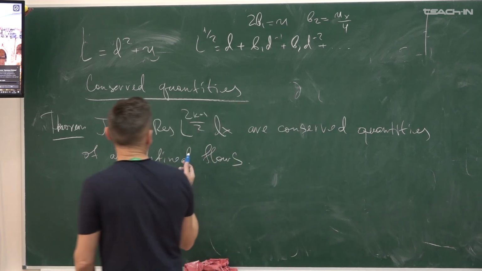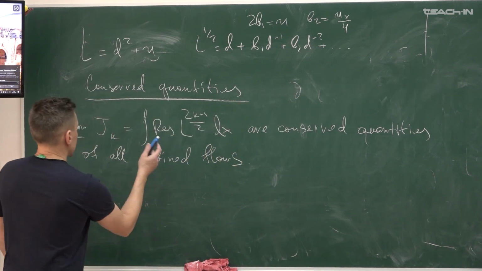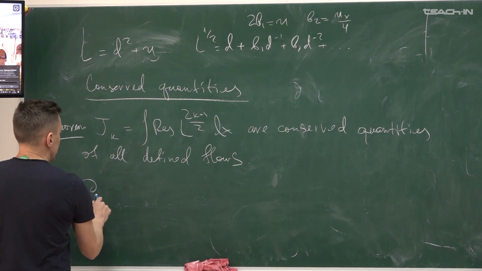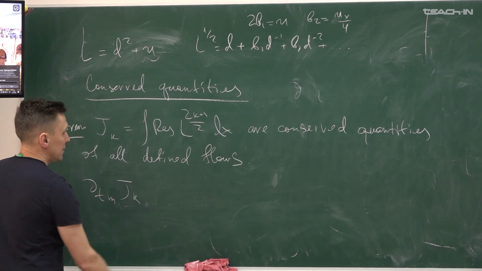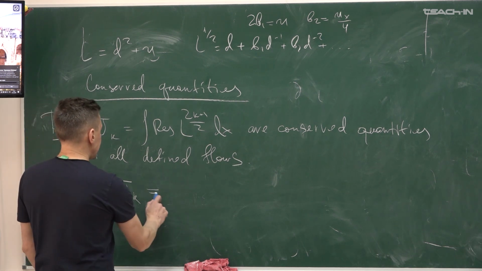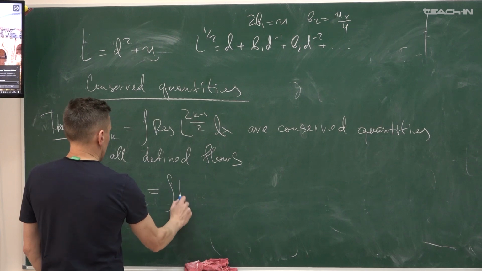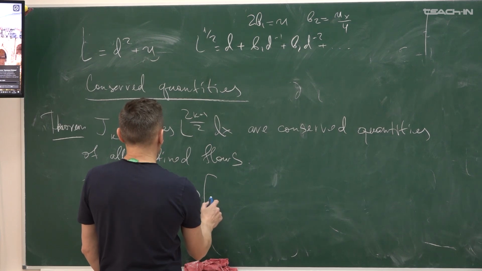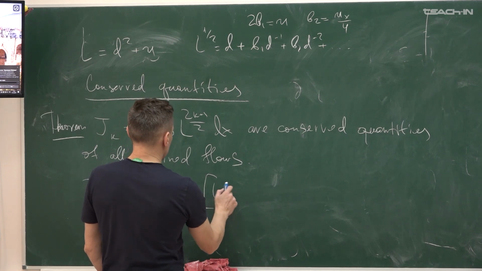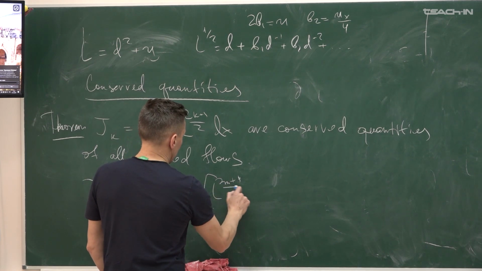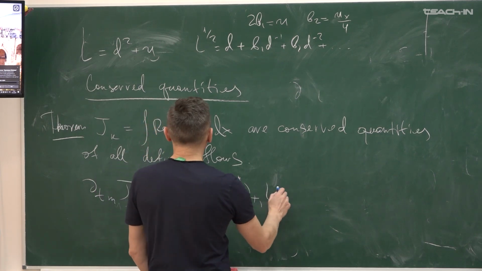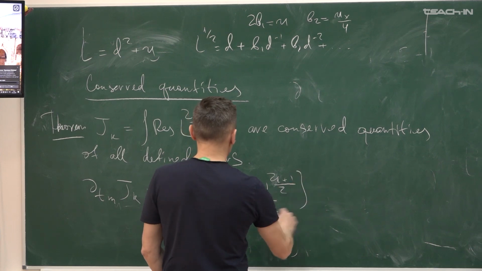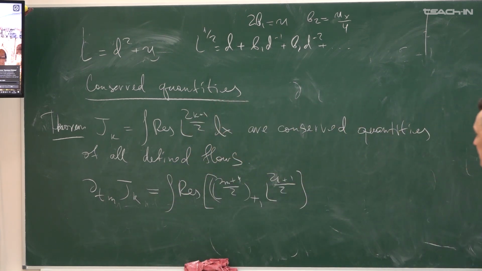How to demonstrate it? We just apply d/dT_m of J_k, which is the integral of the residue of the commutator of L to m plus 1 over 2 plus with L to k plus 1 over 2, dx.